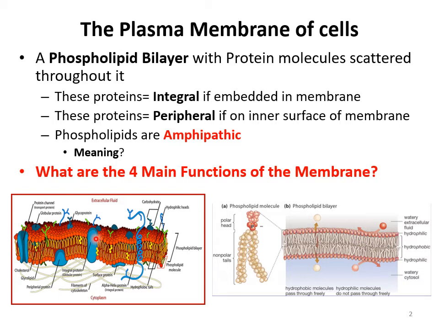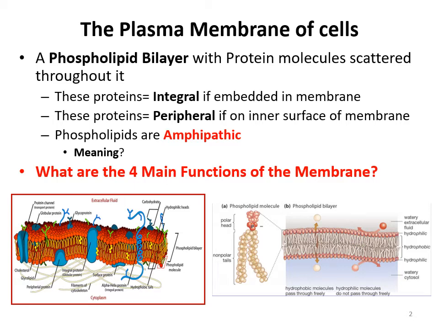Peripheral, however, if you think of peri being like perimeter, will only be on the inner surface of the membrane. Okay, so for instance, here where you see a surface protein, that is peripheral. This guy here, where you see it only on one side of the membrane, that is peripheral.